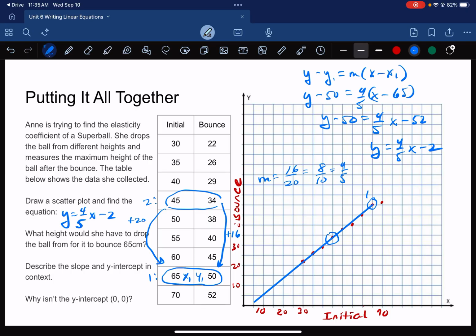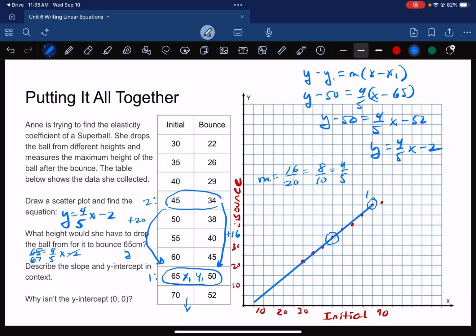What height would she have to drop the ball from for it to bounce 65 centimeters high? Notice we've got to keep going up before she would ever get a return bounce of 65. So that's a y value. Let's plug that in for y. So 65, you'd add 2, and that makes 67, and then you multiply by 5 over 4.